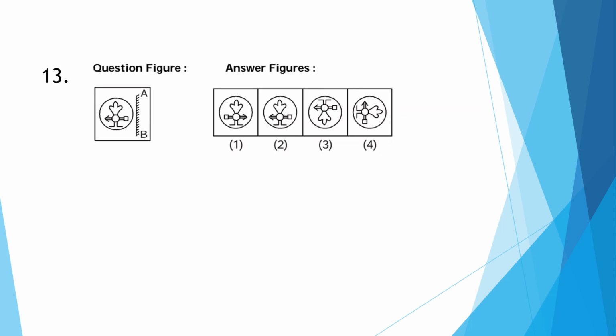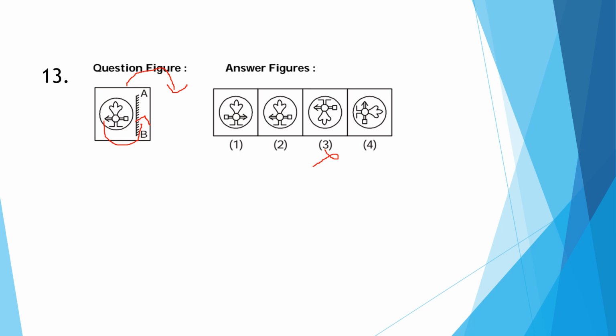Next, see in this question figure, the mirror image comes like this. This arrow is on the left side, so in the answer figure this arrow will come on the right side. Observe the third one: up and down changing, so wrong answer.